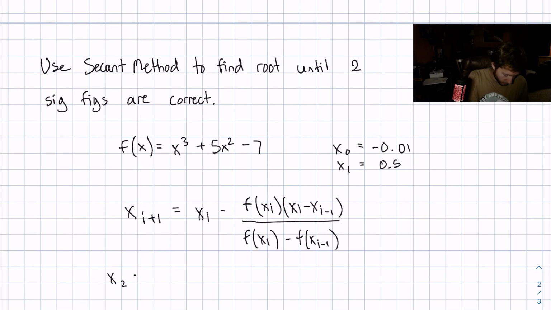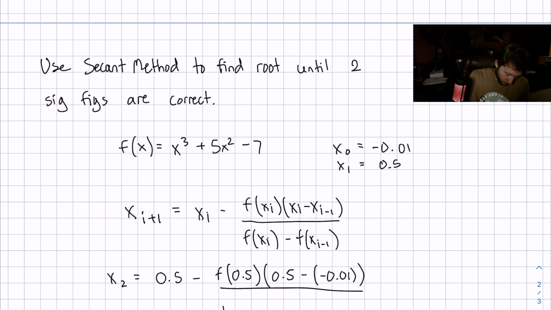So x2 equals x1, which is 0.5, minus f of 0.5 times 0.5 minus negative 0.01, all over f of 0.5 minus f of negative 0.01.